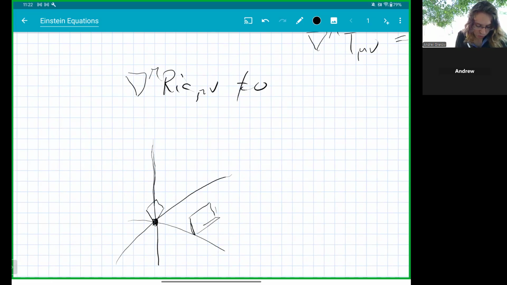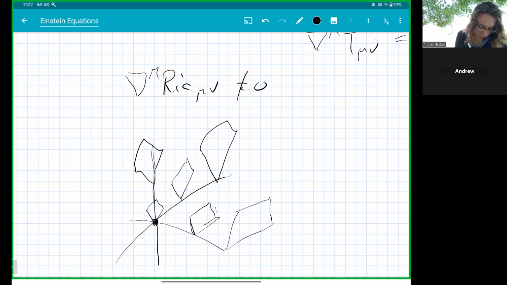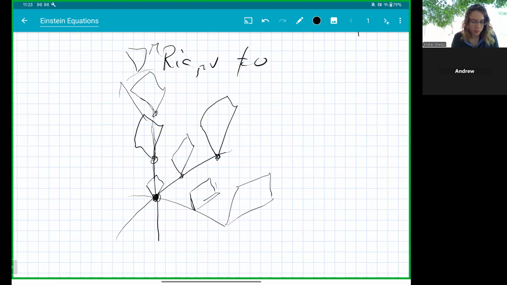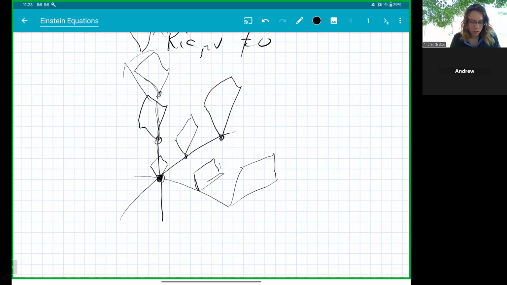And if it grows in any direction you go, it's kind of natural to expect that the tensor which controls the change of volume along the geodesic flows has some sort of source here, just like with a vector field.